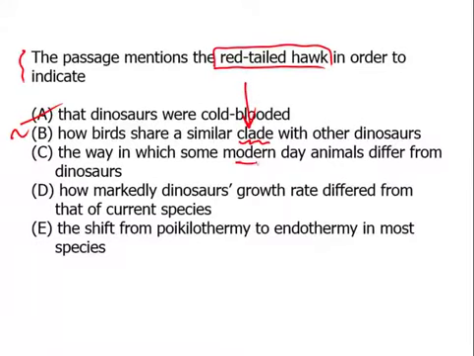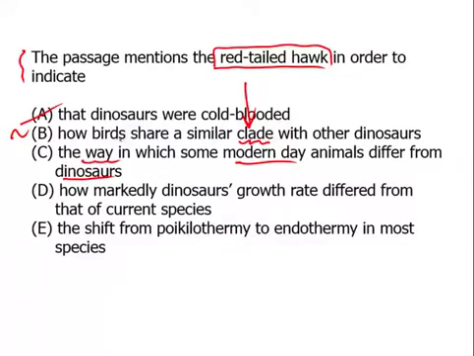This is tempting. It mentioned modern-day animals with the red-tailed hawk, and it mentioned the dinosaurs with the Archaeopteryx. But is that why it's mentioning the red-tailed hawk? Is that consistent with the answer we came up with, that in terms of growth rate, modern-day animals are very different from dinosaurs? Here it is a little too vague. There is no mention of growth rate.